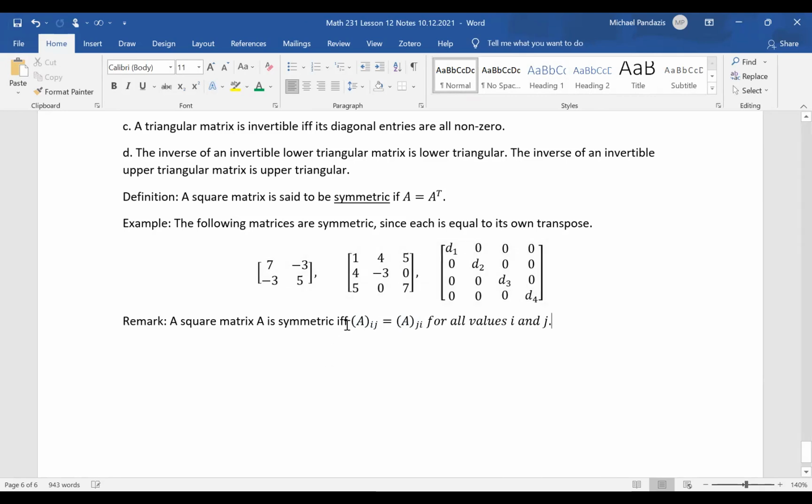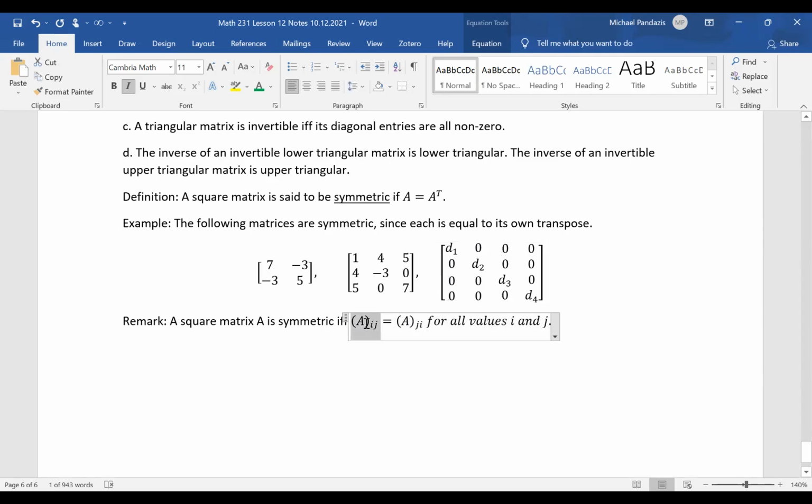We're just using another notation for the entry of a matrix. Instead of saying little a sub ij, we're saying it's matrix A, the entry in the ith row and jth column of matrix A. This is the entry in the jth row and ith column of matrix A. So saying that this equation holds for all values i and j is just saying you have this symmetry about the main diagonal. Like if you look at the 3rd row, 1st column, that entry would be the same as the 1st row, 3rd column.